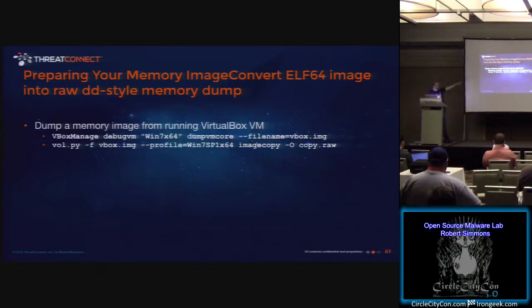So these are the commands that you need to run to dump the memory image from VirtualBox. That's the first command. And then the second command changes that memory image into a DD style memory dump that Volatility can analyze. So please do this rather than bang your head against the same wall that I did.